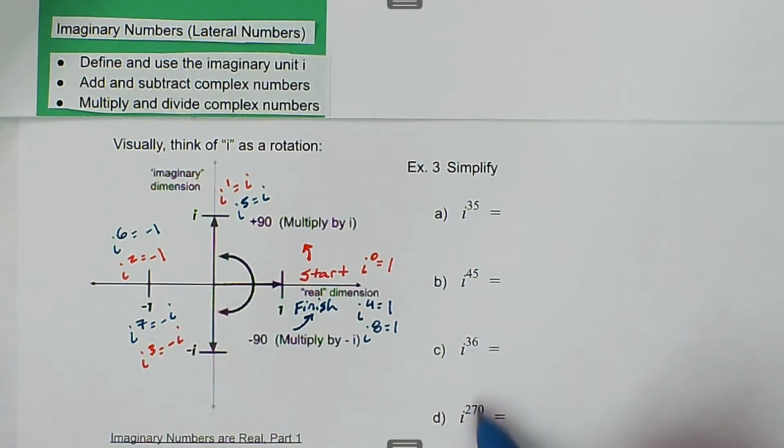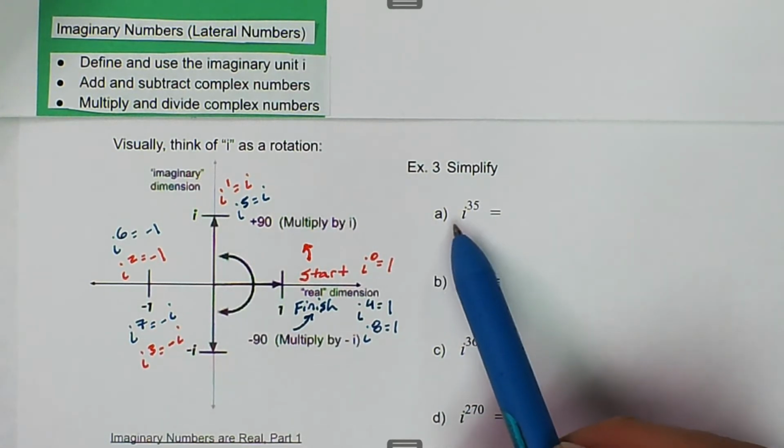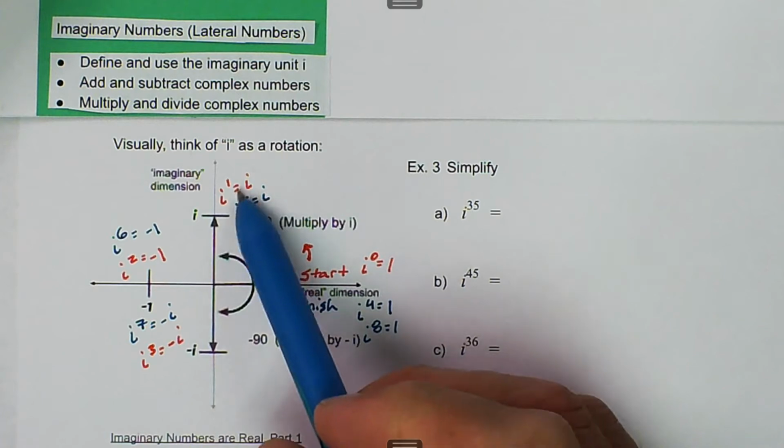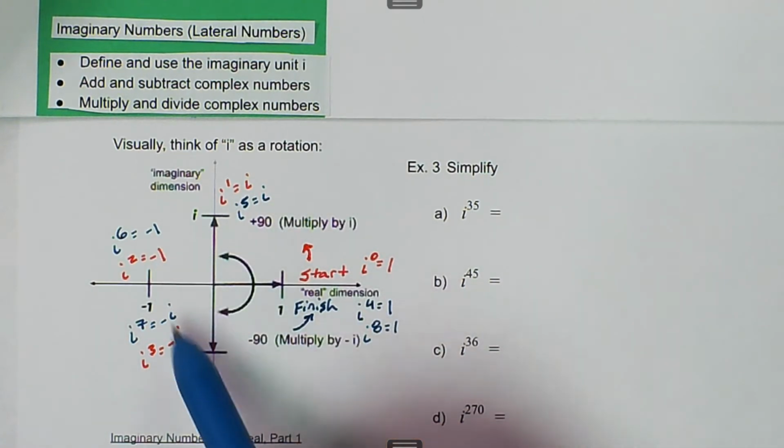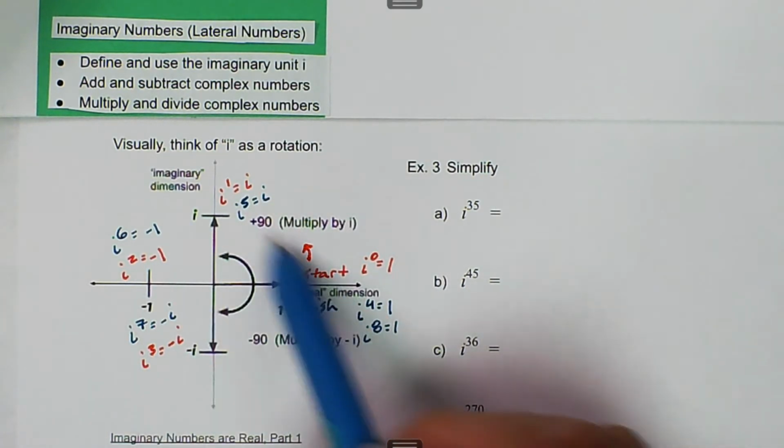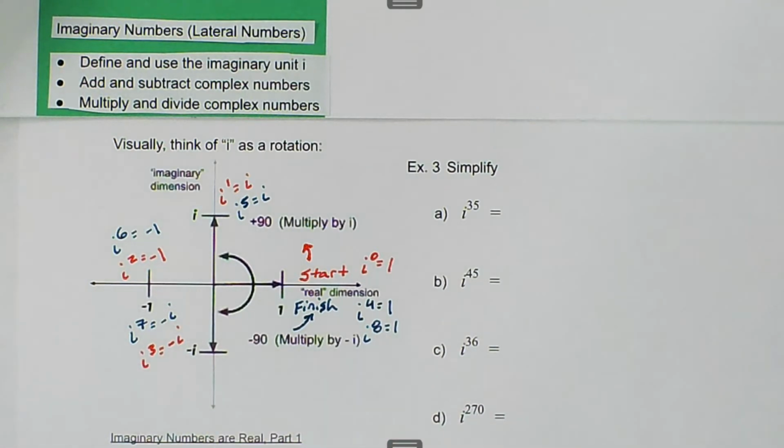So now we want to simplify these. And basically, when we simplify, we're going to either get 1, i, -1, or -i, depending on where we fall on the rotation. And the way that we do that is we go back to division. And we know that our pattern is repeating by 4s.